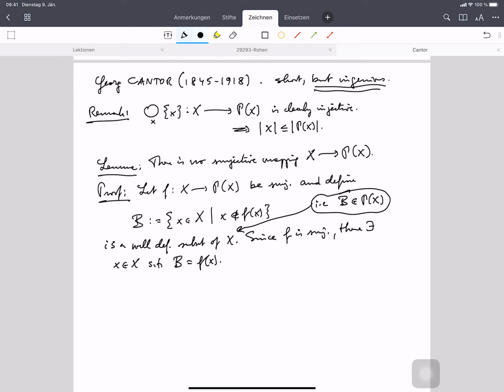B is a subset of X and the mapping reaches every subset.